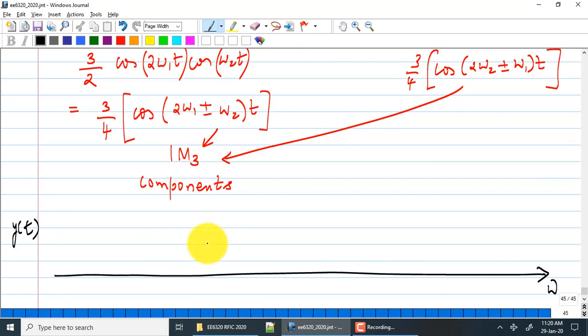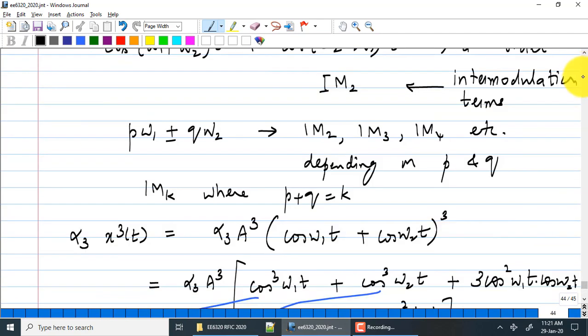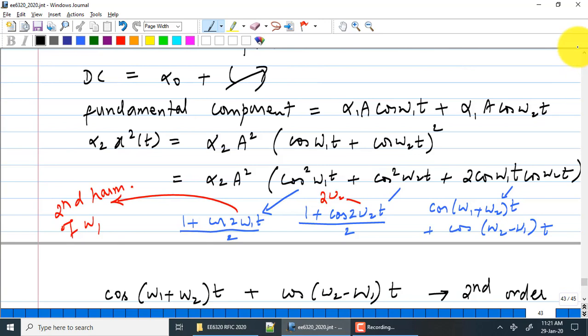You will basically get omega 1, omega 2. What else do you get? From the fundamental terms alpha 1, you get omega 1, omega 2. From the second order term, what you get? Let's go back and quickly check this. You got 2 omega 1, 2 omega 2 and omega 1 plus or minus omega 2. Agreed? Right?